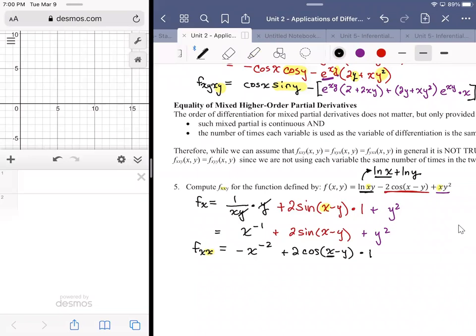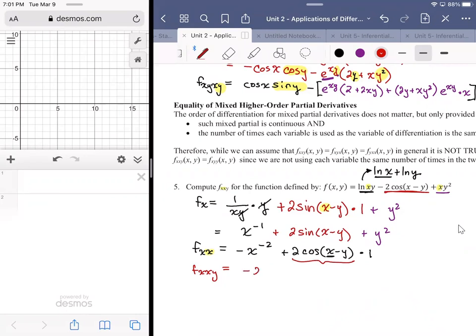So then the last part of the process is to find the derivative with respect to y. So I'm now working off of f sub xx, differentiating that with respect to y. So this part is gone. That's irrelevant. We don't care about that. It's only this part that matters. We have a constant multiple of 2. Cosine goes to negative sine.